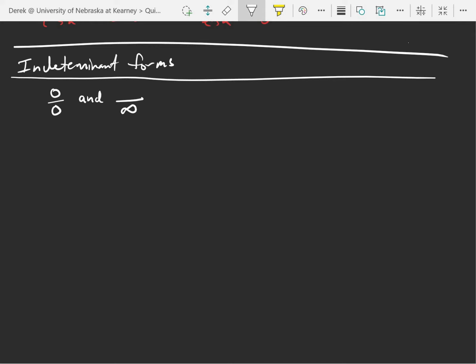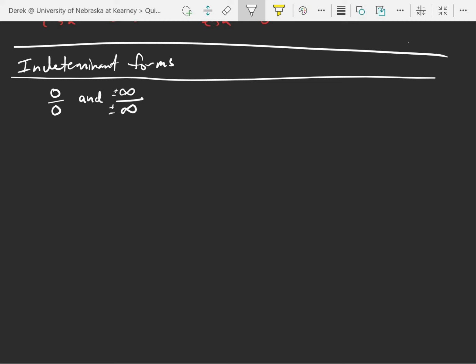The only way that something over infinity is unknown to us as a limit, well, if you're dividing by something that gets obscenely large, it's going to get small if it stays finite. So the only thing that's unknown to us is if you've got another infinity, and it could be a plus or minus infinity over an infinity type thing.